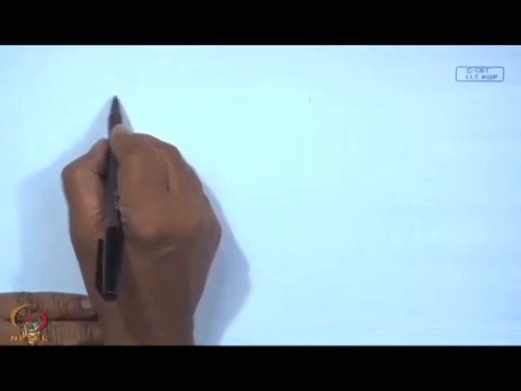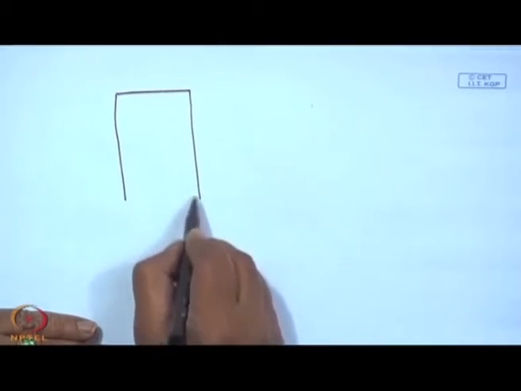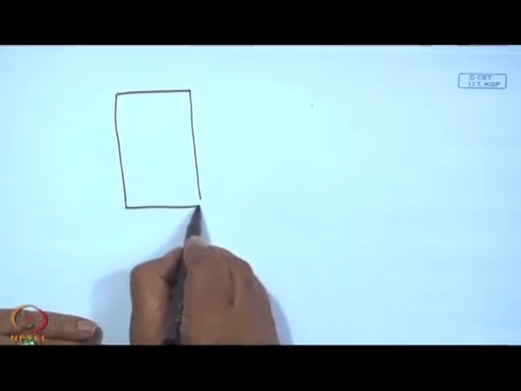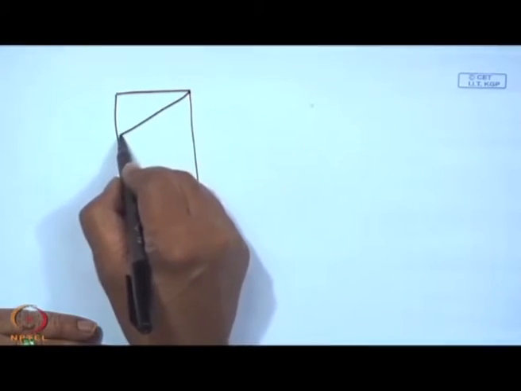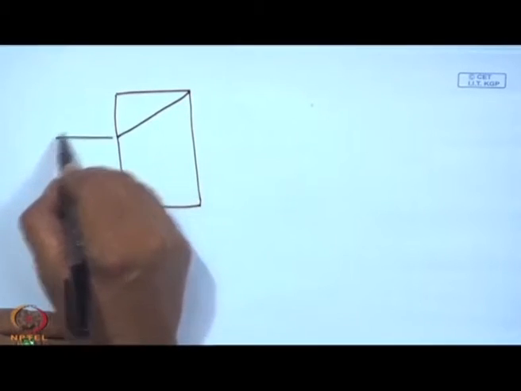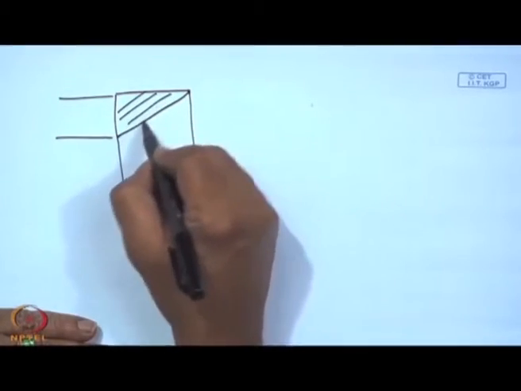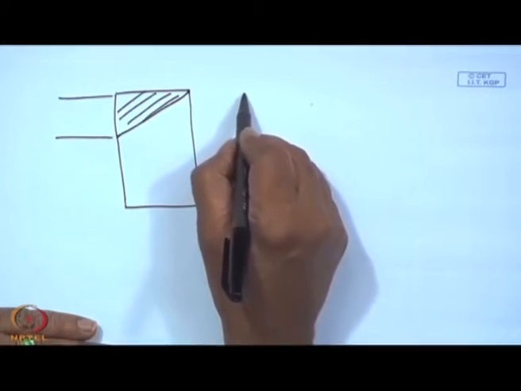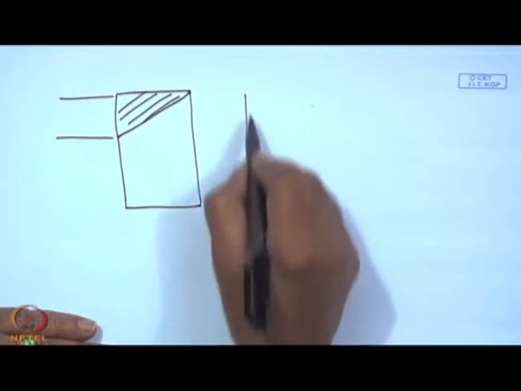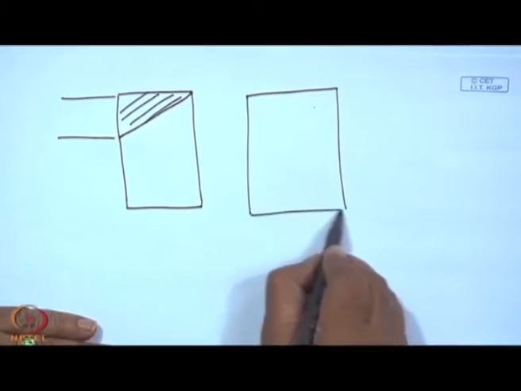And you can have still further degenerate cases. I am showing only the shadow, and this can come right up to here and go. So, this may be the shaded area, right, and still it may do little more than this.